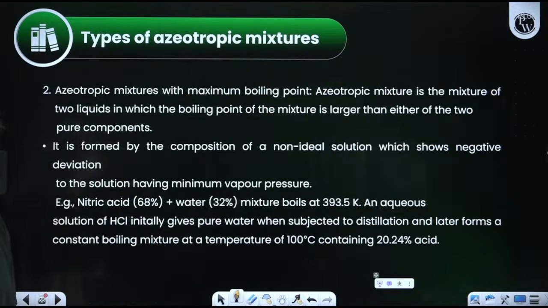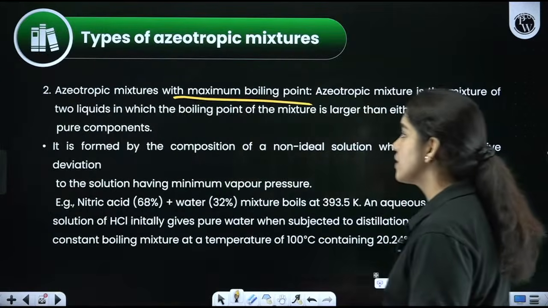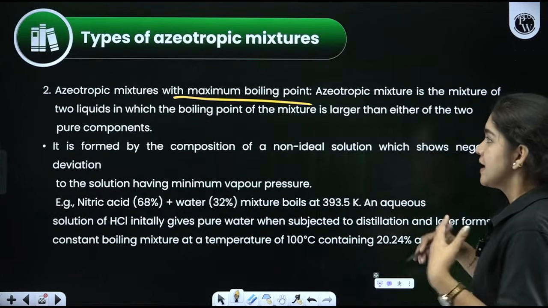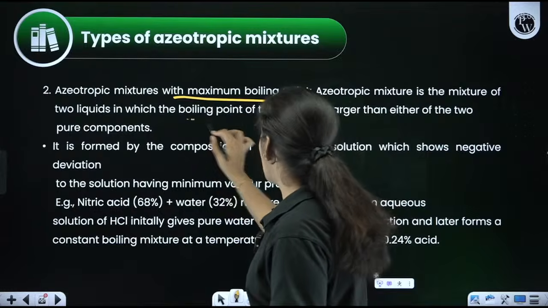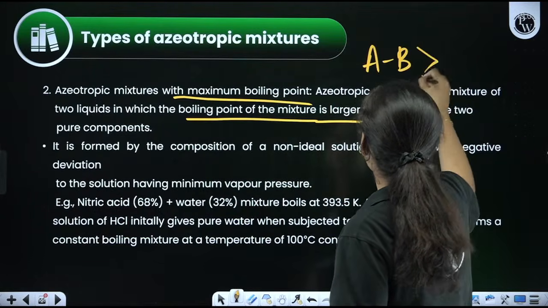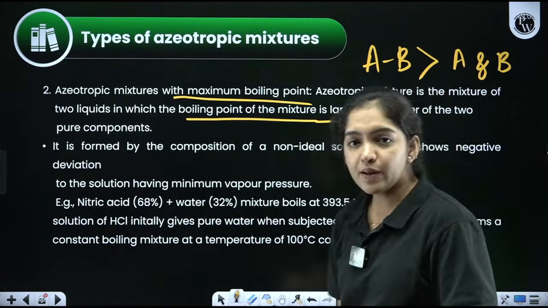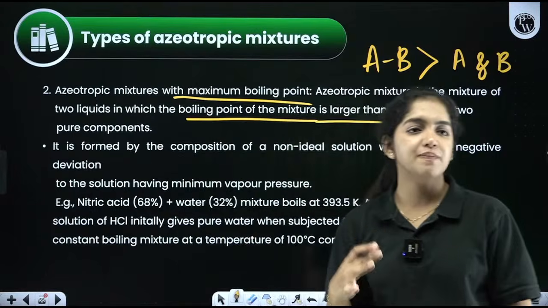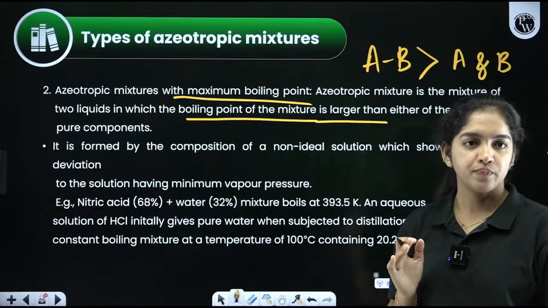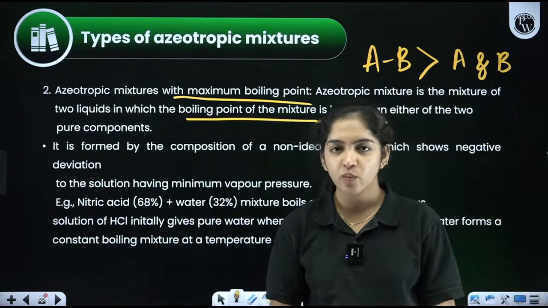Then, next one is azeotropic mixture with maximum boiling point. When we are mixing two components, the boiling point of the mixture will be larger than both. That means AB boiling point will be greater than A and B. Got it? Two types are there, minimum boiling point and maximum boiling point.